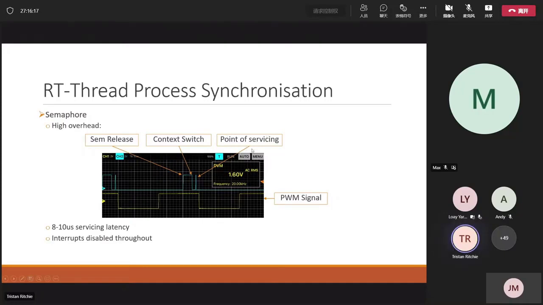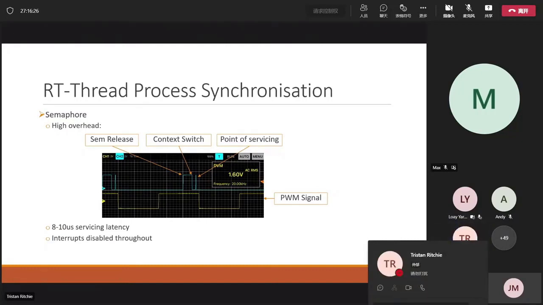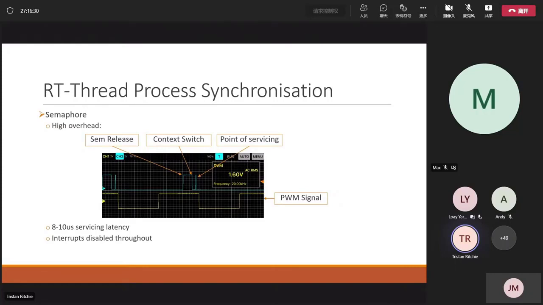And we've here measured the point of servicing, which is the point where the semaphore is actually taken by a worker thread. And we can measure this latency to be in the range of about 8 to 10 microseconds, which in this application represents about 15 to 20% of a single PWM duty cycle.